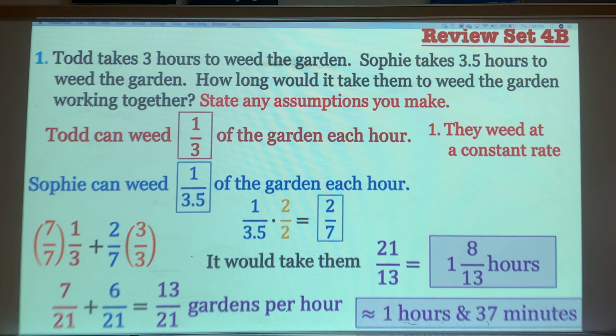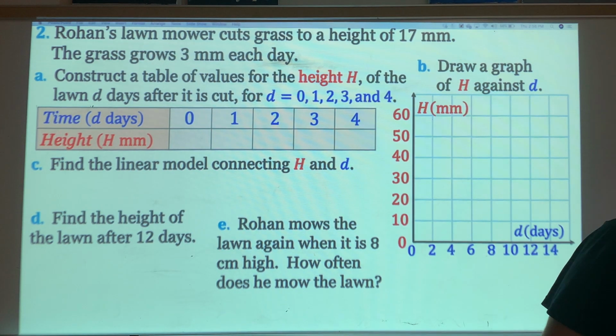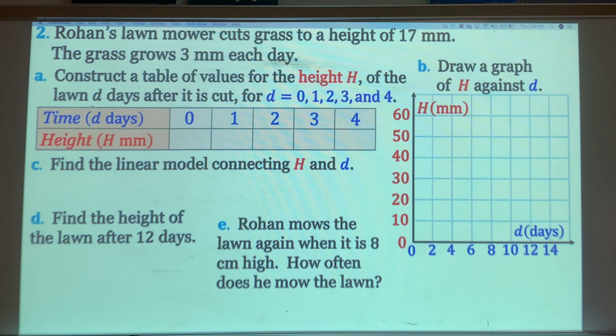Next one states, you got Rohan, he has a lawnmower. That lawnmower cuts his lawn grass to a height of 17 millimeters.